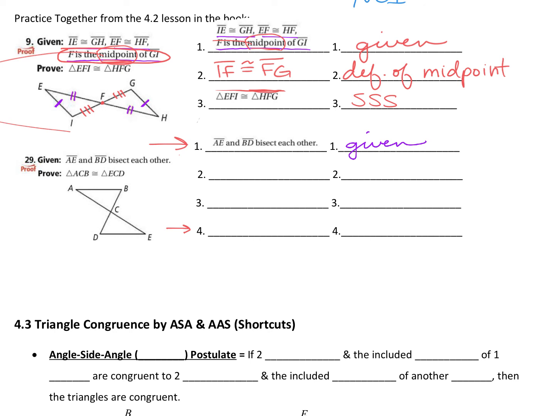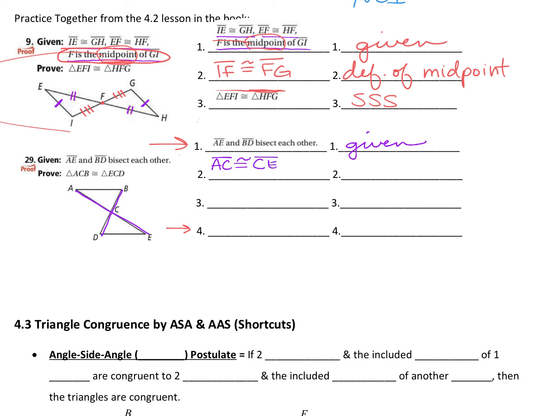So what do we know on the left side? What do we know to be true? If AE and BD are cutting each other into equal parts, they are bisecting each other. AC is, yes, AC is congruent to CE.